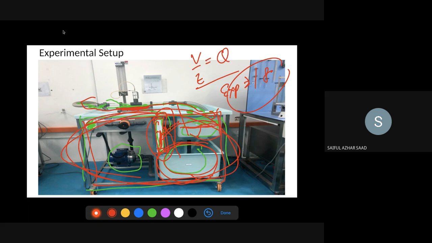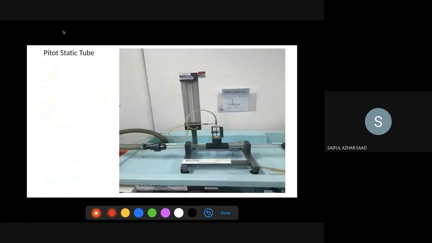All right. So in here, I'm going to concentrate more on the pitot static tube. As I said before, once I turn on my pump, the water will be pumped through this pipe, passing to this point, and then entering to this point. This equipment is called a pitot tube.